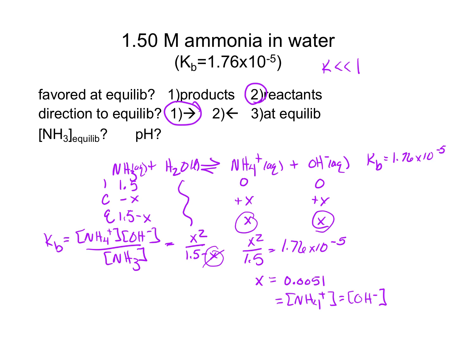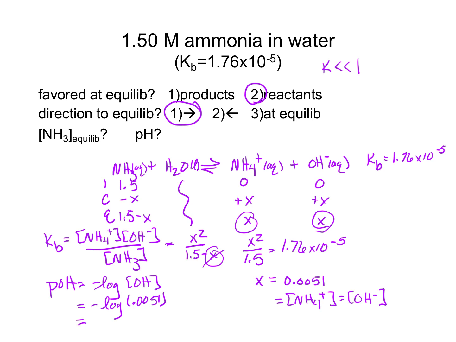Now, I cannot go directly to pH because I don't have H plus concentration. There's a number of ways to get there. You could use KW, but I'm going to use pOH, and then go to pH. So pOH is equal to minus the log of the OH concentration, so that's minus the log of 0.0051.